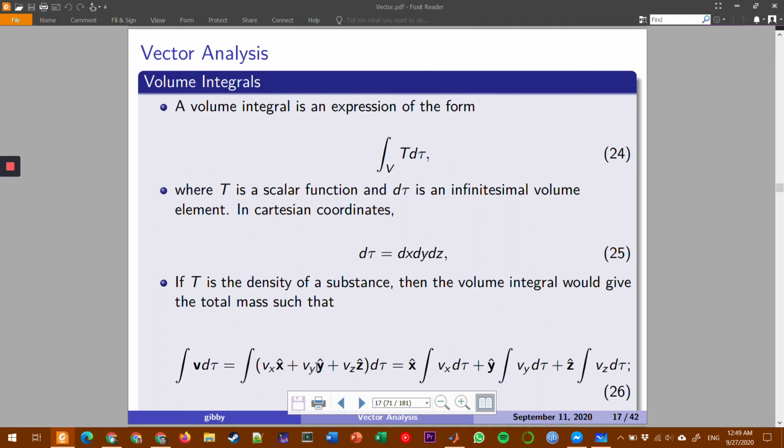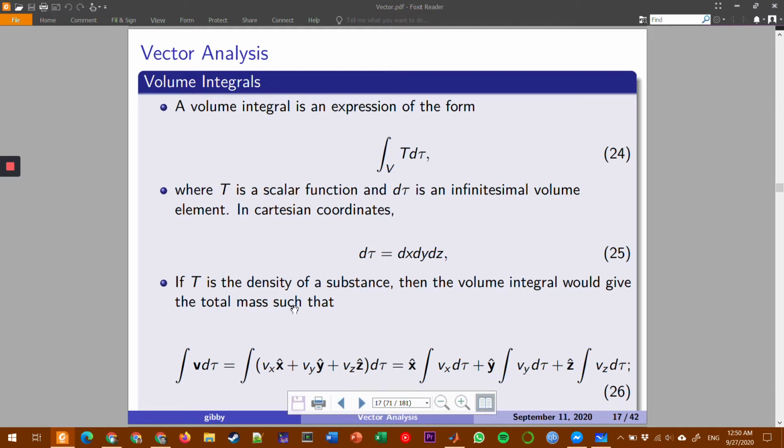So if you have this one, your v is given by this vector function, vx and so on, d tau, where x hat is given by this expression. Okay, and because the unit vectors are constant, they would come outside the evaluation of the integral.